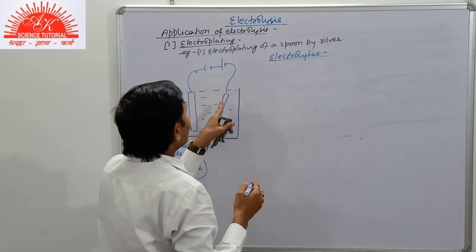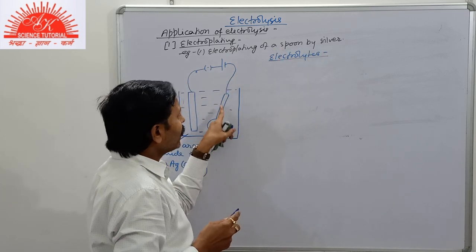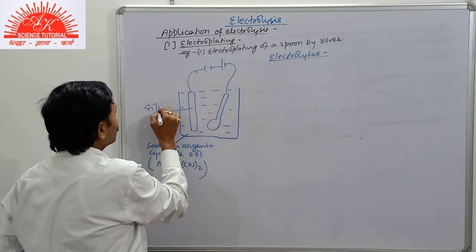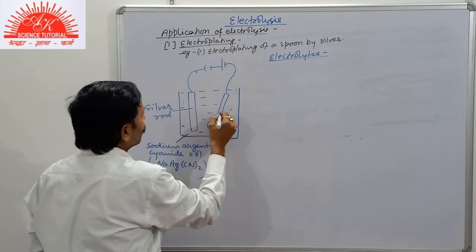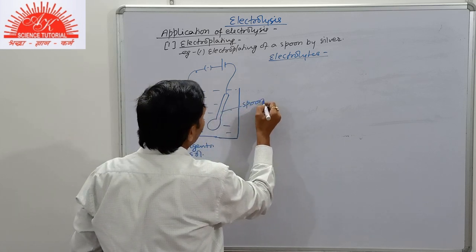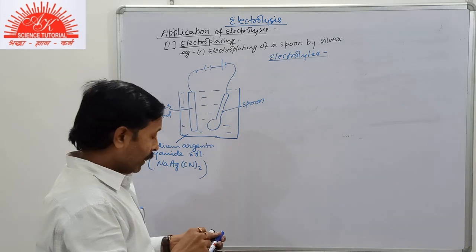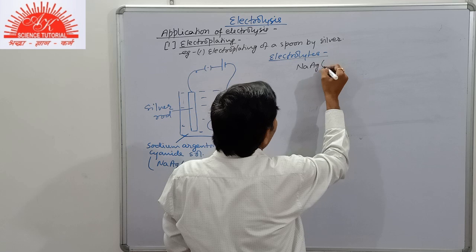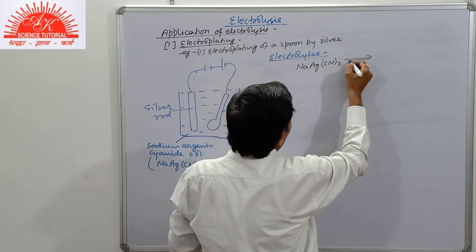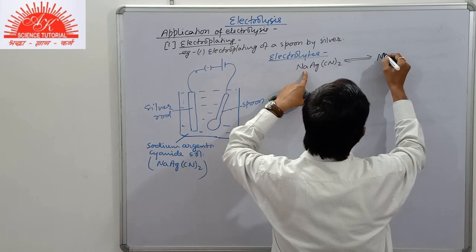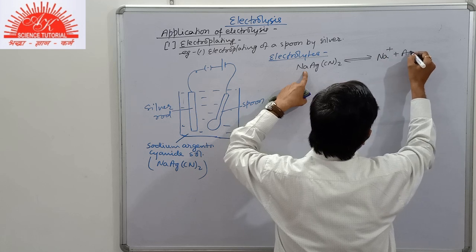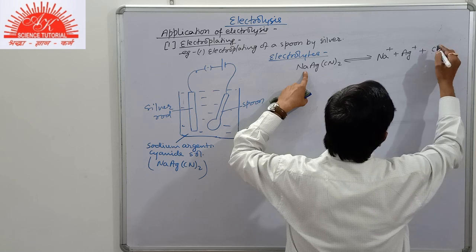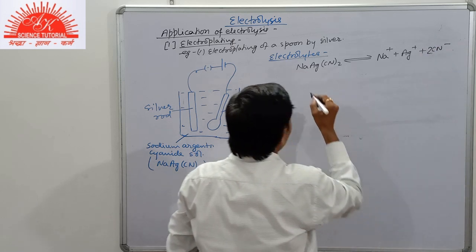Just see, at cathode there is the article to be electroplated, at anode the metal to be deposited, that is silver rod, a spoon, and now the electrolyte. NaAg(CN)2 ionizes, it dissociates to give Na+, Ag+, plus 2CN-.